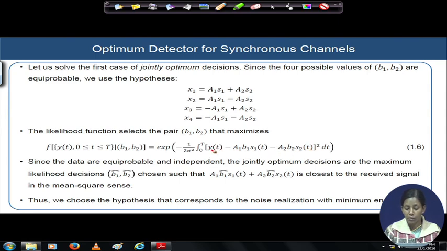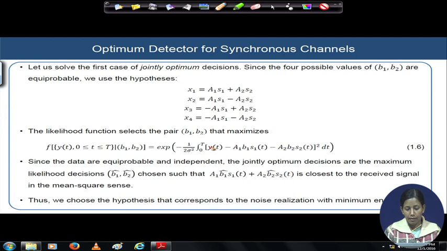When I subtract this signal portion from the received signal, you are left with the noise. So, fundamentally you are trying to maximize this function, that means you are trying to minimize this side, and the likelihood function selects the pair B1 B2 that maximizes equation 1.6.